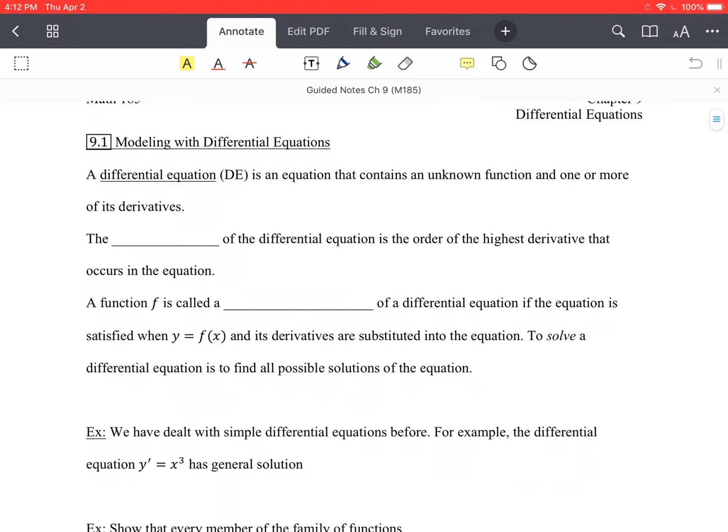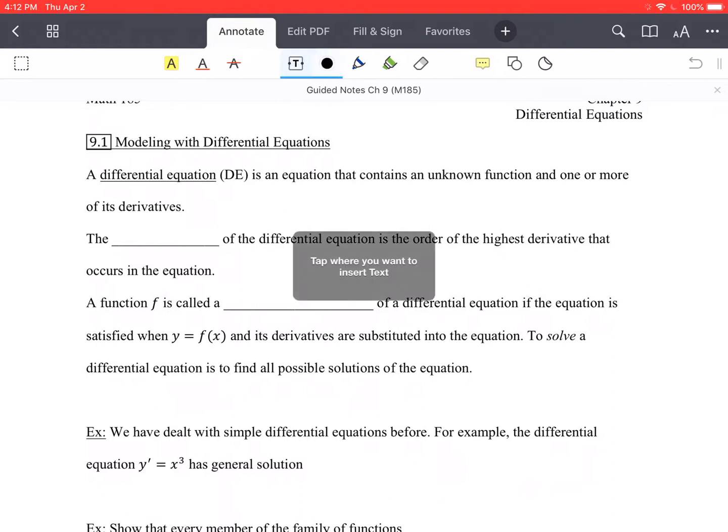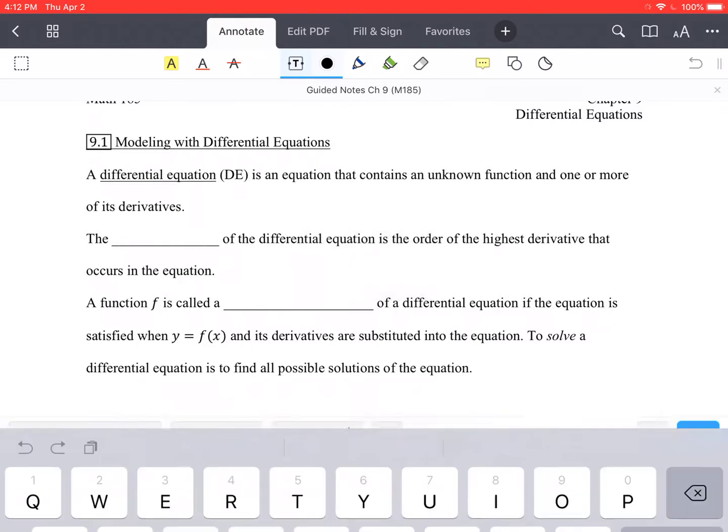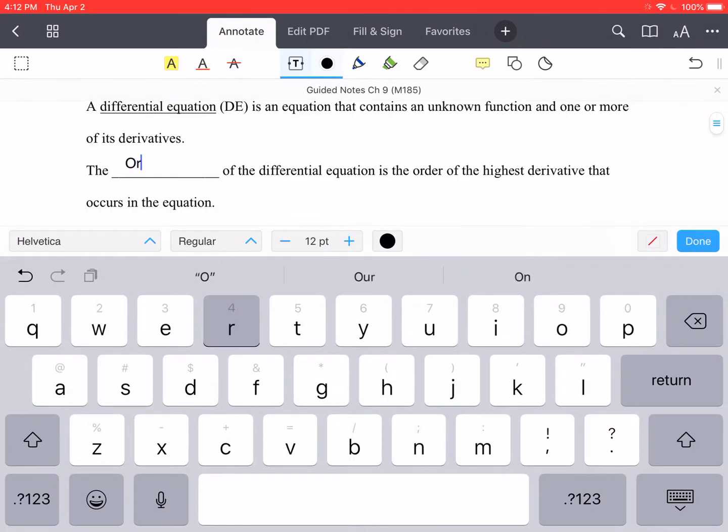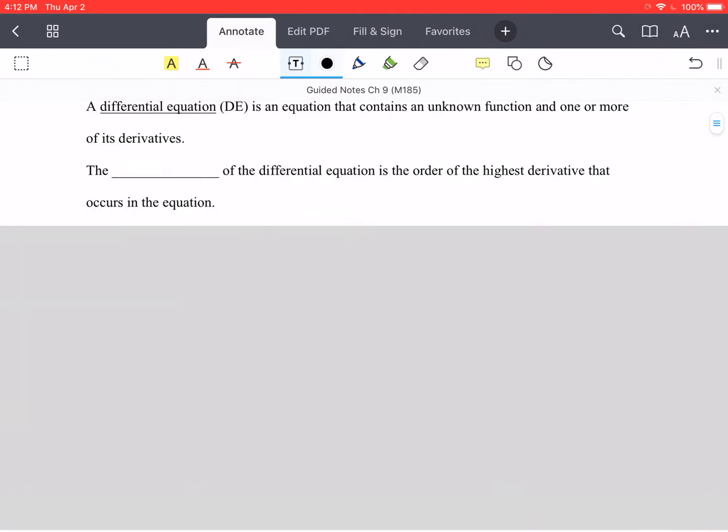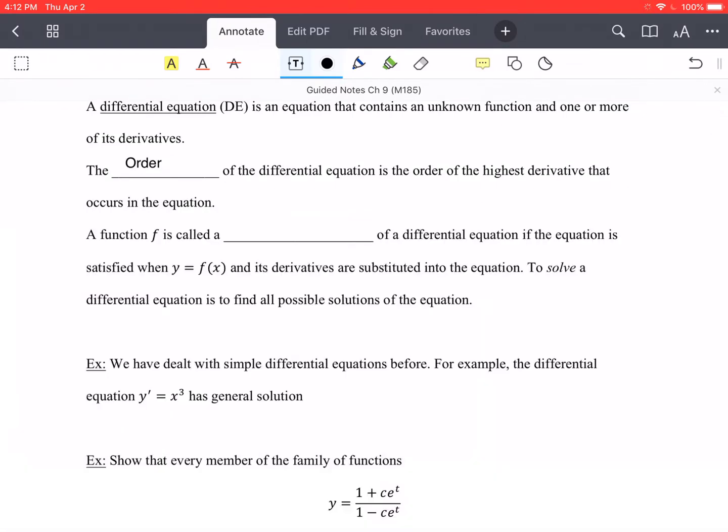A differential equation is an equation that contains an unknown function and one or more of its derivatives. So basically, a differential equation is an equation that has a derivative in it. Not anything too outlandish there for a calculus class. We say that the order of a differential equation is the order of the highest derivative that occurs in the equation.